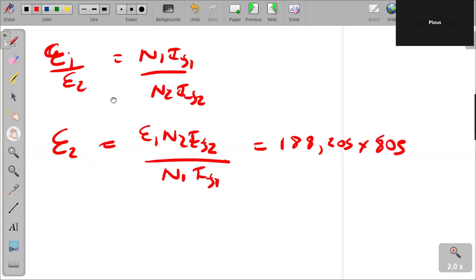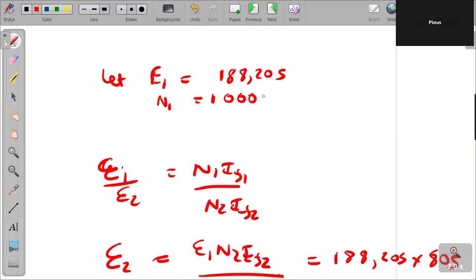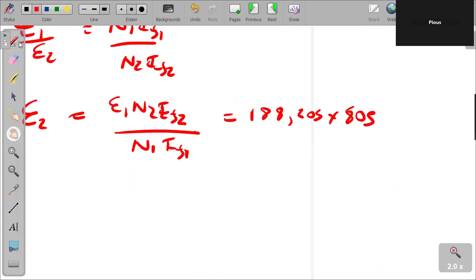Just for interest's sake, so that we can follow closely, E1 is the full load back EMF, which is 188.205, and N1 becomes 1,000, the full load speed. And then our N2 is the speed we have been given, which is 805 revs per minute. And of course, we are looking for E2, the back EMF at the new speed that we have. So we have just substituted the values there.